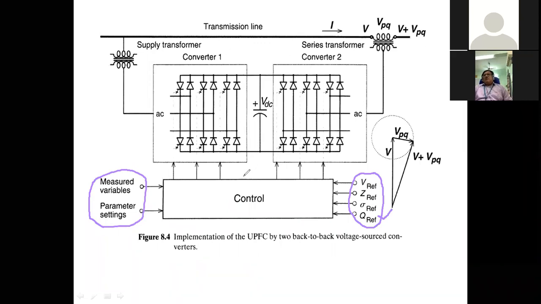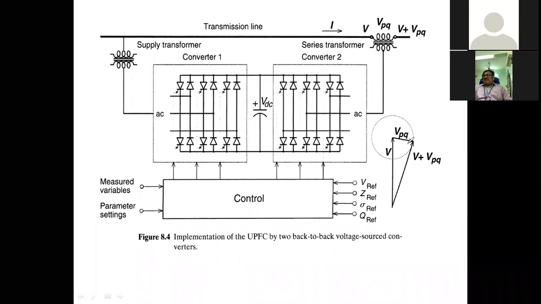Once you go to the detailed control block, there you will have PI controllers and others which are used to control the voltage of this capacitor, and many other voltages, that is the voltages of converter 2 and voltages of converter 1, and all these things will be there if you see the complete control blocks. But here we don't have that complete control block. We have only this one. So that is about the basic schematic diagram of UPFC, and operation is simple.